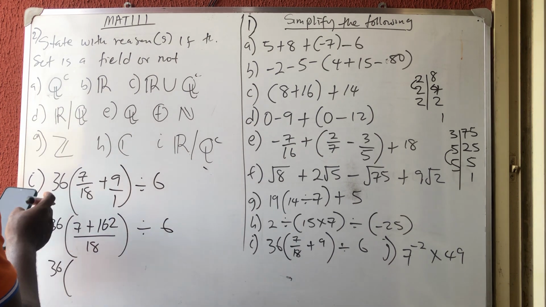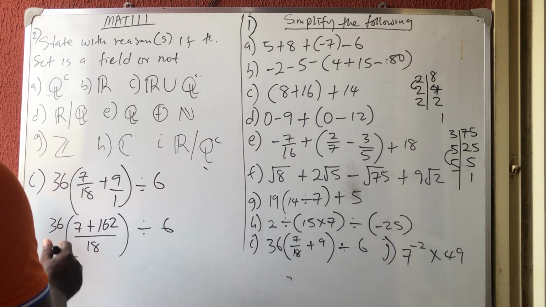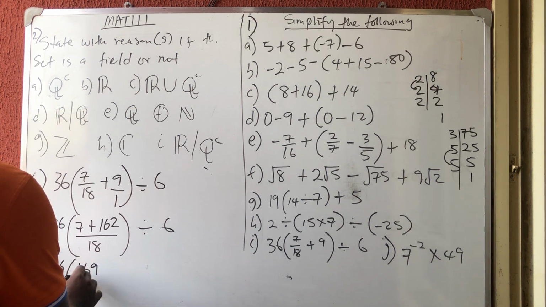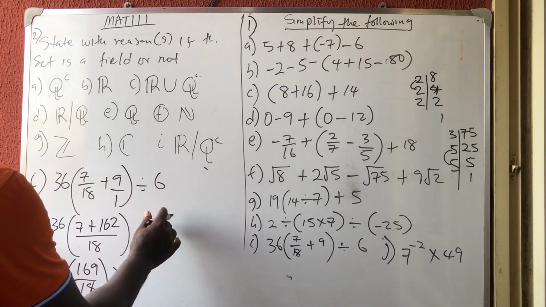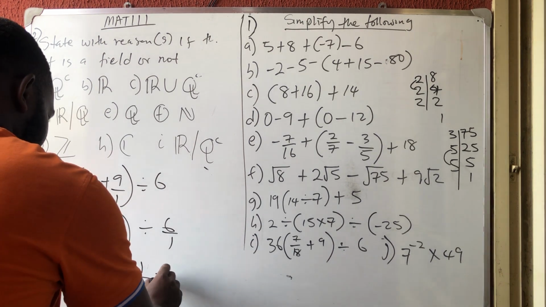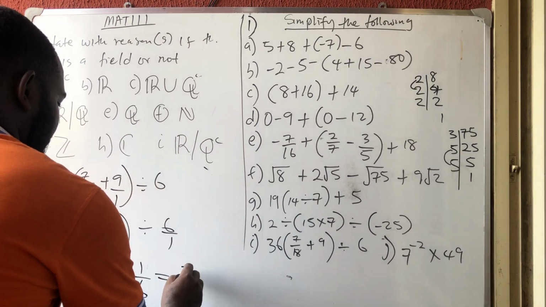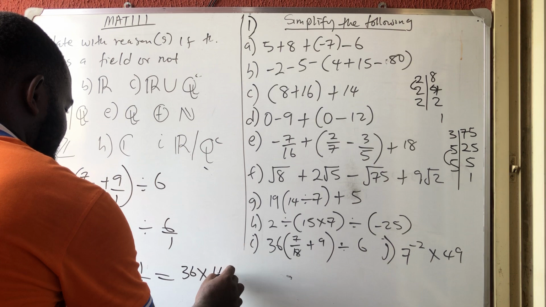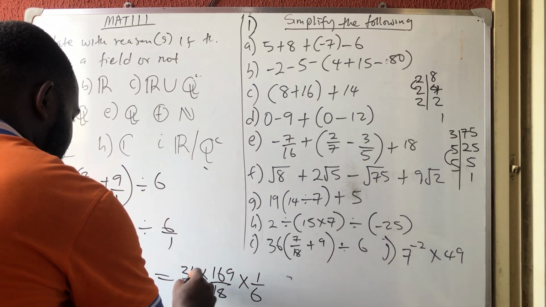6. So what do I have? 36 in bracket of 162 plus 7. So I'm having 169 over 18. Okay, then what? Change divide to times, this one will turn around 1 over 6. So now bracket means times. So this is 36 times 169 over 18, then times 1 over 6.